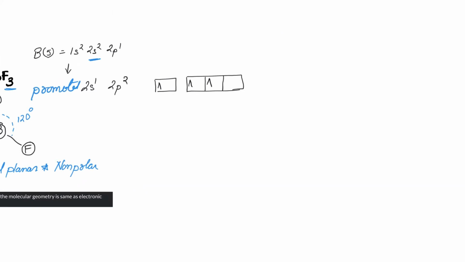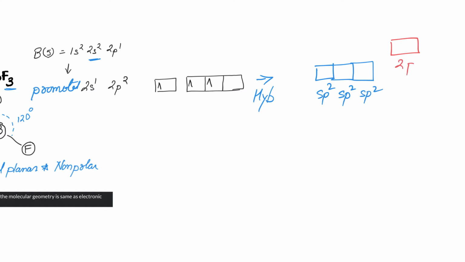So this becomes hybridized, right? This becomes hybridized to sp2 orbitals. So we have 3 sp2 orbitals which are going to participate in the bonding, whereas this p is going to just remain there, right?